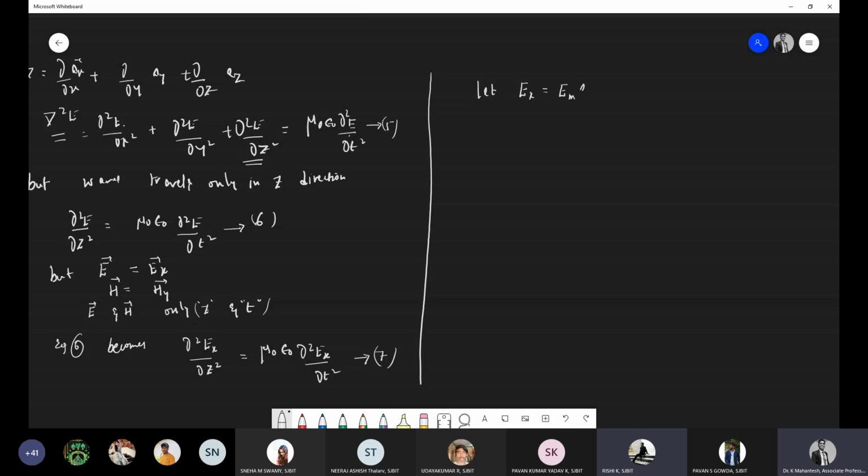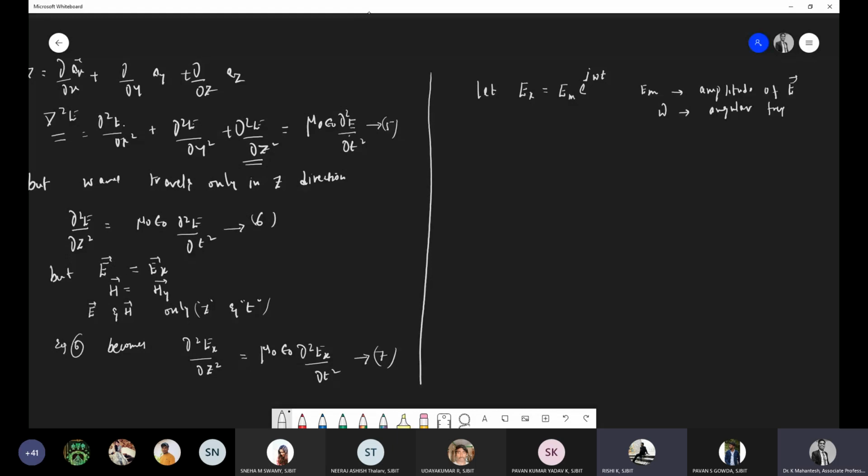Ex is equal to Em e to the power of j omega t, where Em is some amplitude of electric field and omega is angular frequency. So now I say E is varying as Em e to the power of j omega t.